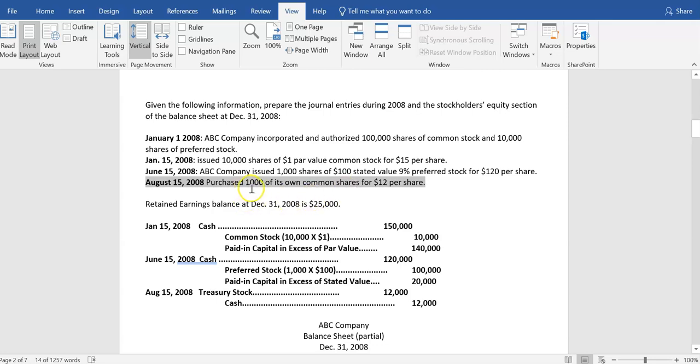So the very simple thing when it's purchased is to take the number of shares times how much they paid per share, and that is debited into a treasury stock account. And they paid $12,000 in cash, so cash is credited for $12,000. This treasury stock account is an equity account, and it is a decrease.